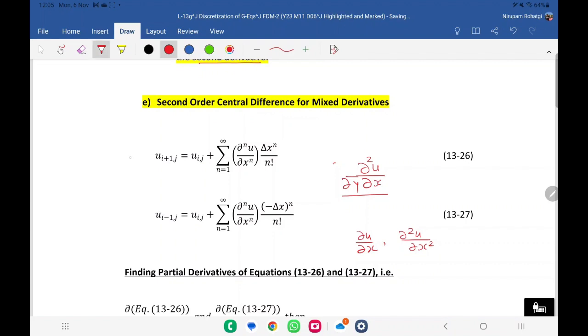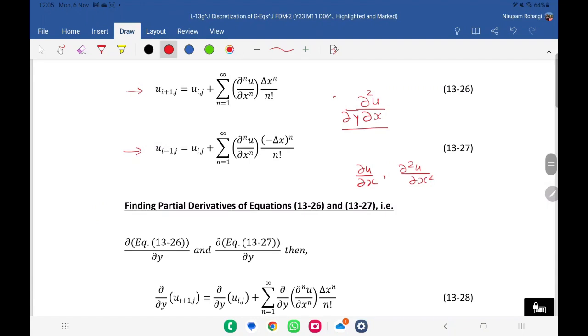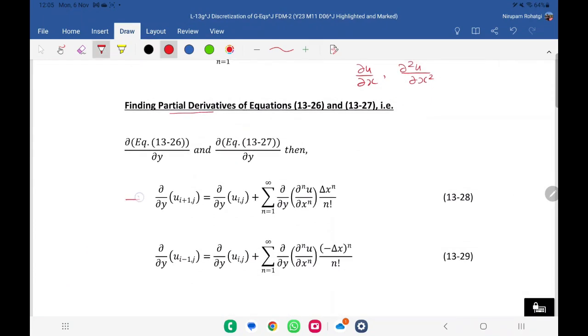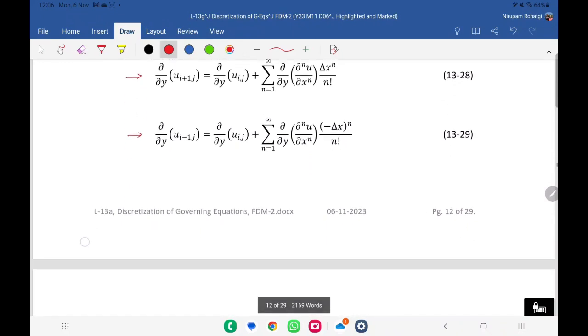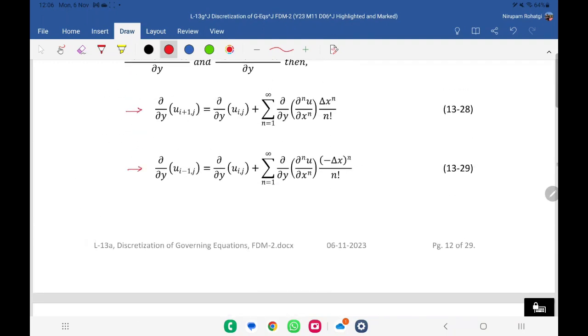You write the equation. This is the same Taylor series equation, and we take the partial derivative of this equation, and you will get these two equations where the y derivative will be there. Okay, and every term is differentiated. Now what we will do, we will subtract these two equations, I mean, from 28 we will subtract 29.